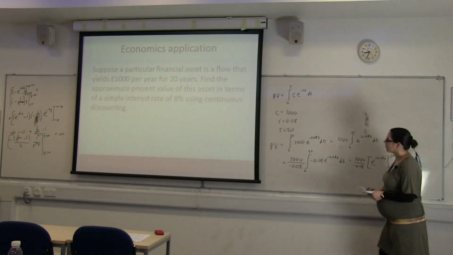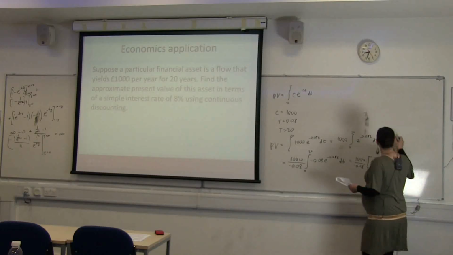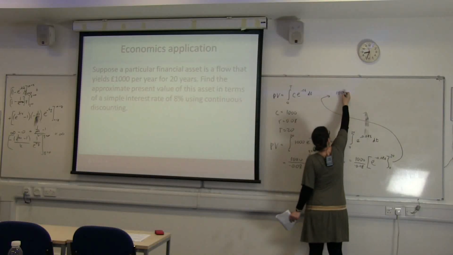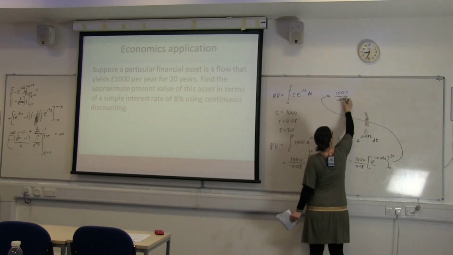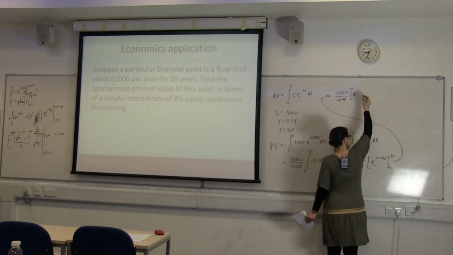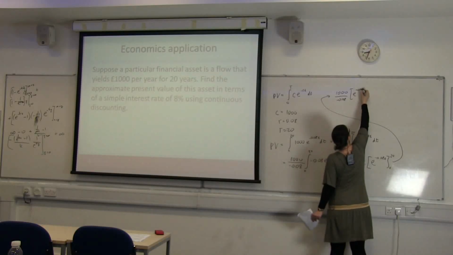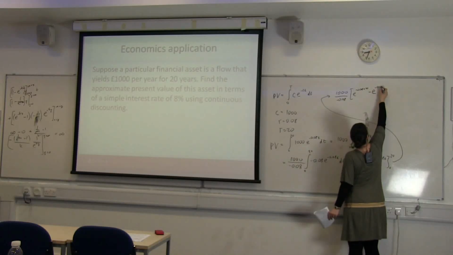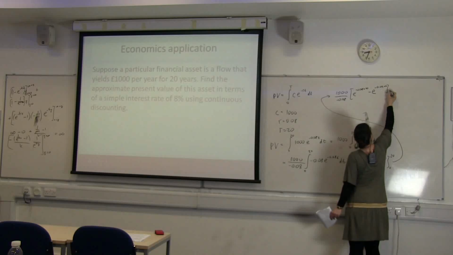And I'm going to have to continue up in here. So it's 1000 over minus 0.08 times e to the minus 0.08 times 20, minus e to the minus 0.08 times 0.